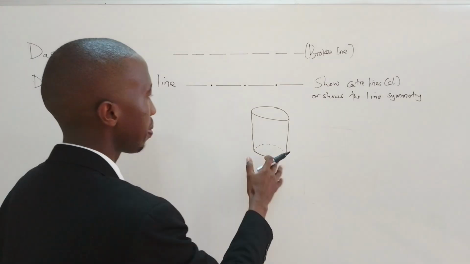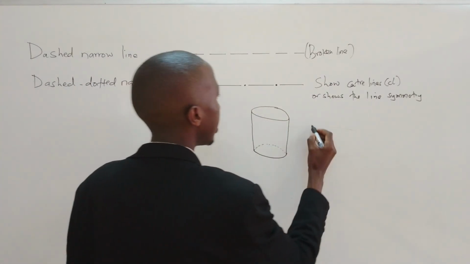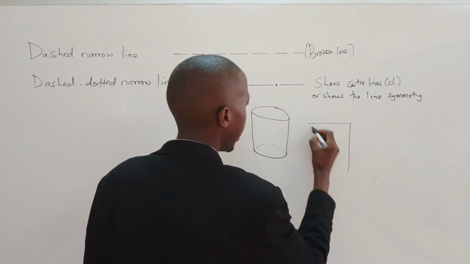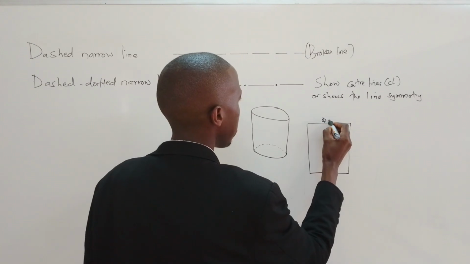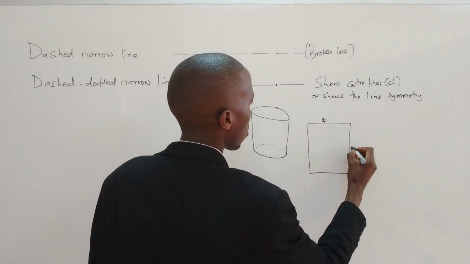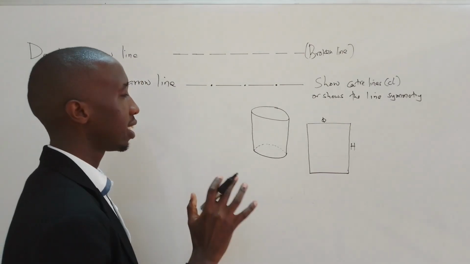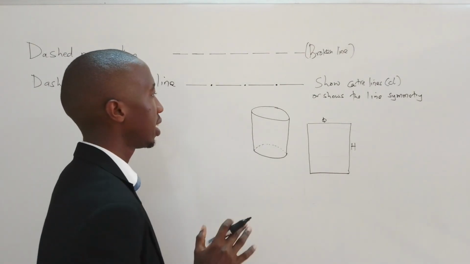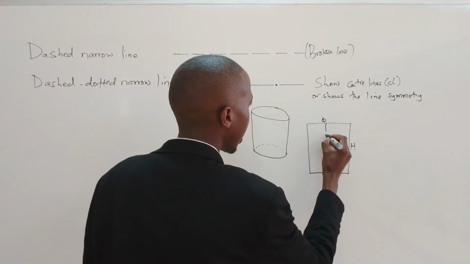But when you view this drum in any direction, you will find out that it will carry the diameter and the height. So this part will be the diameter, and then this one will be the height. For someone to know that this one is a drum, you can show that we have a center line here.